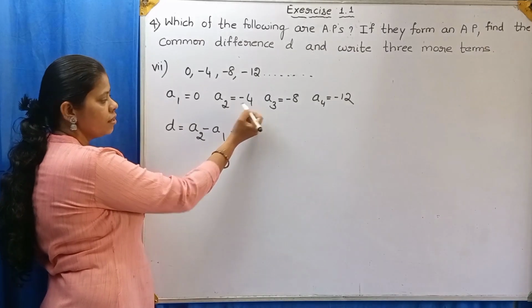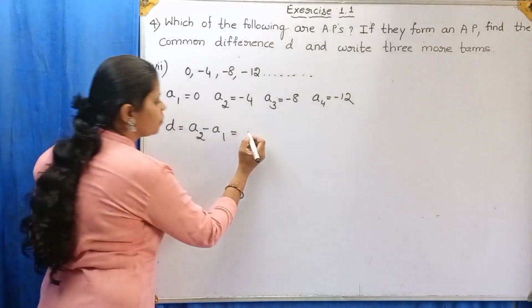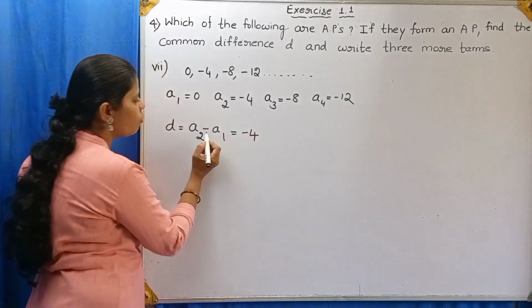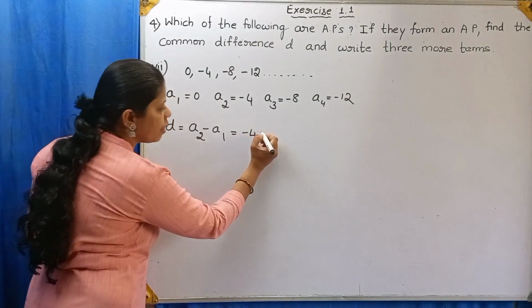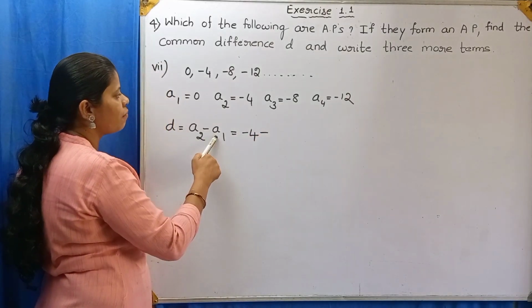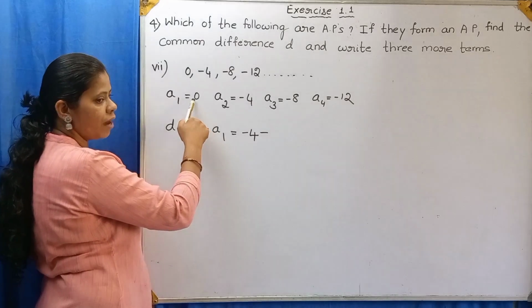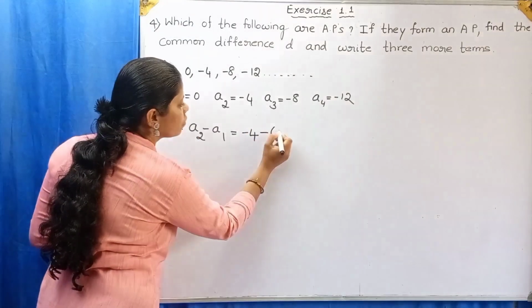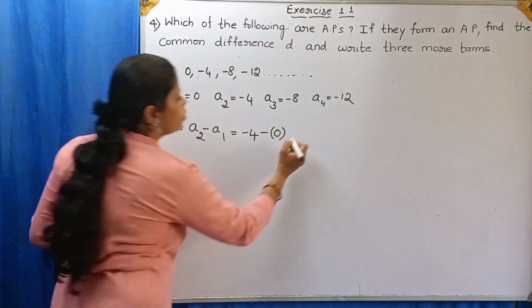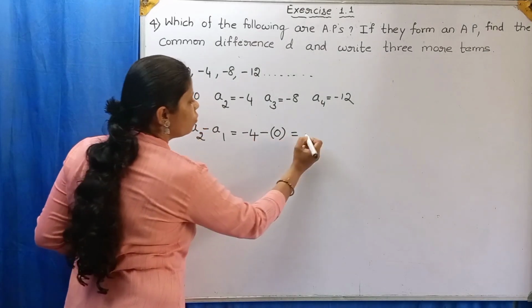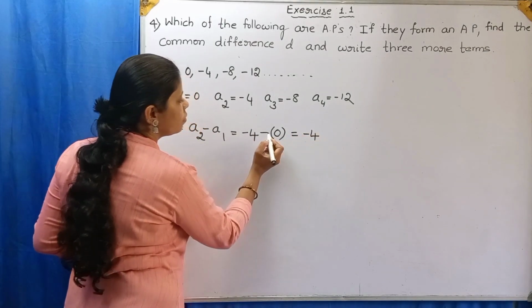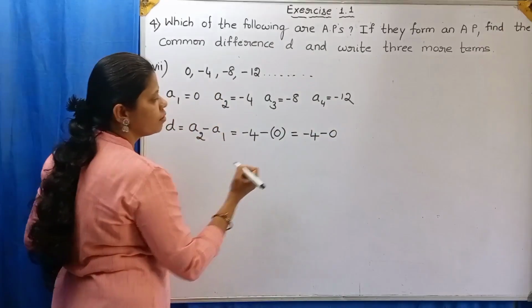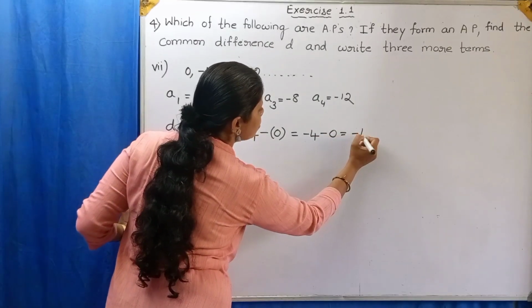See carefully. A2 is minus 4. Then for this minus symbol, I will write minus. Then A1, let me take it in the bracket. See here, minus 4 minus 0, right? Answer is minus 4.